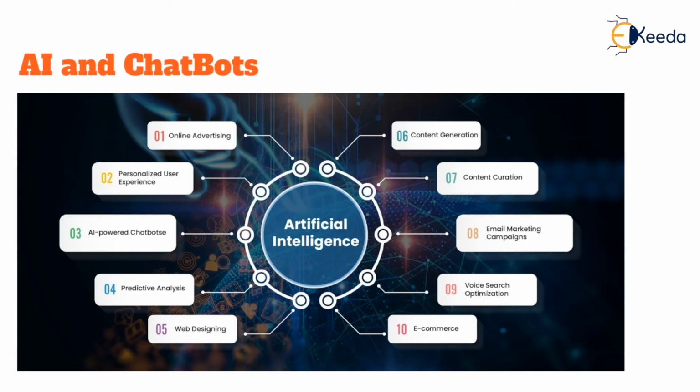And a lot of applications which you may have already seen is in terms of online advertising, wherein AI is used to see your search behavior and then position ads according to that particular search behavior on subsequent pages that you visit. Then personalized user experience can be created with the help of AI and virtual assistants.